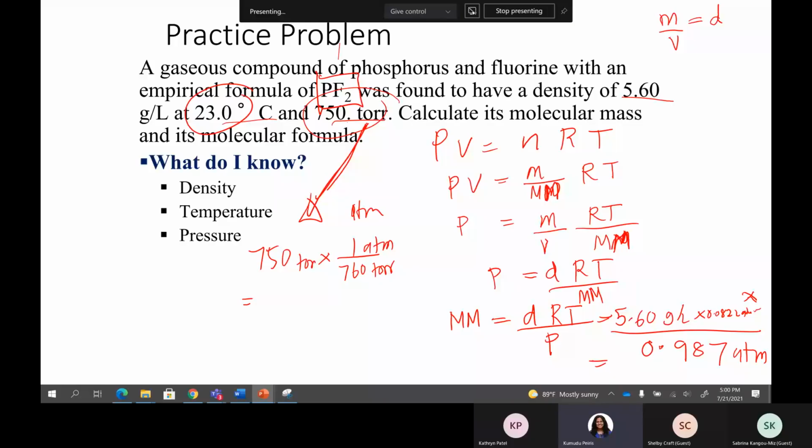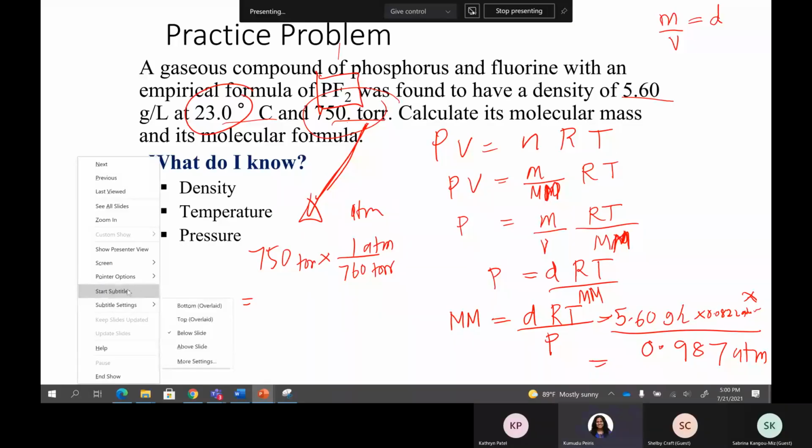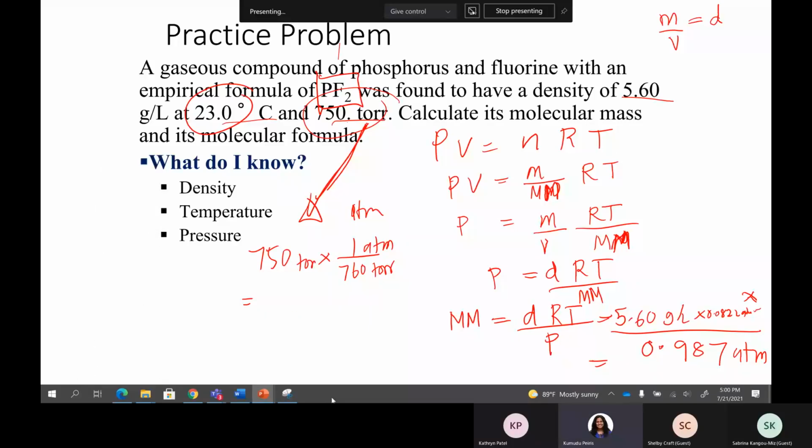As an example, okay, this is just an example. I assume that PF2 is 25 and I got the molecular mass as 50. Then I divide the 50 by 25 and I get the factor as 2. Then what would be the molecular formula?